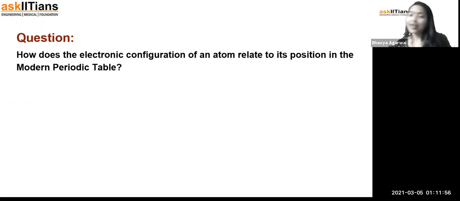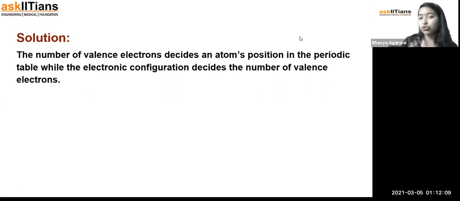But before we end the class, let's have some quick questions. The first question is, how does the electronic configuration of an atom relate to its position in the modern periodic table? You have done it many times now, that the number of valence electrons comes out of the electronic configuration. From the electronic configuration, you will find out the valence electrons, and it is the valence electrons which decide the position of an atom in the periodic table.